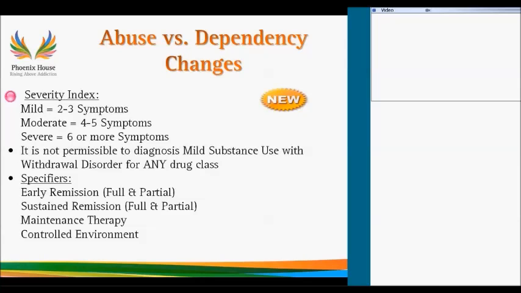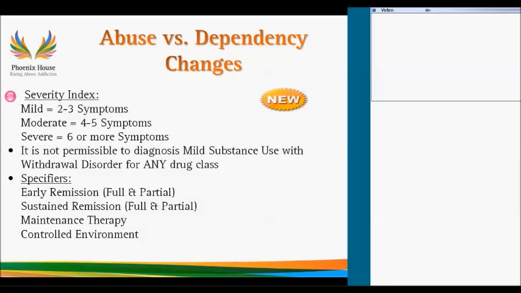Okay, our next question here is from Donald Rader, military case manager, and he asks, you spoke previously about the Axis 5 GAF being taken out. Is this the case with axis 1 through 4 as well, or is this a myth? Oh, very, very good question.